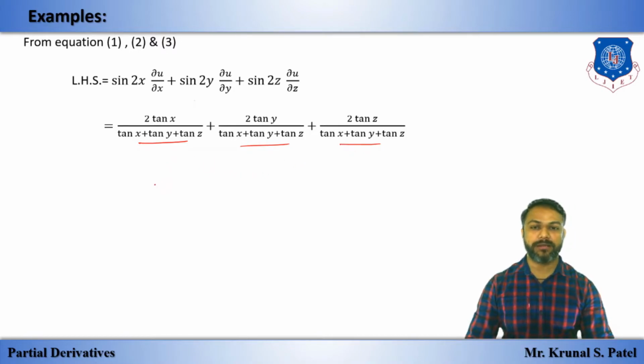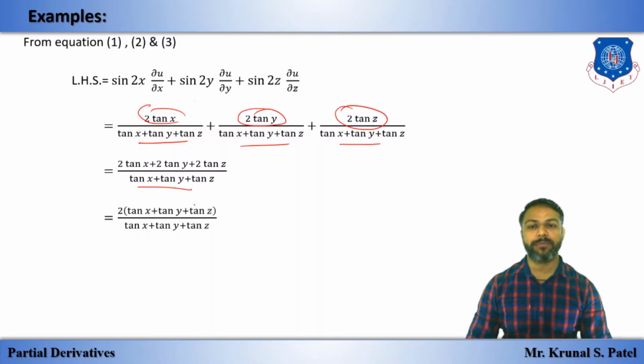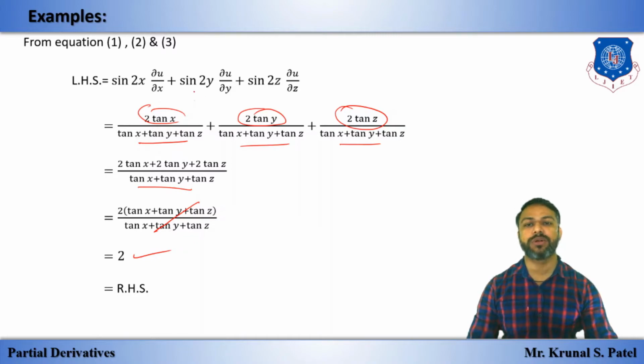In the denominator, all three denominators are same, so we write down only once, and by adding the numerators, that means 2 tan x plus 2 tan y plus 2 tan z, and by taking 2 common and cancelling out these two terms, we have the remaining answer 2, which is our RHS. So simple, but you just have to understand what the question wants to say.